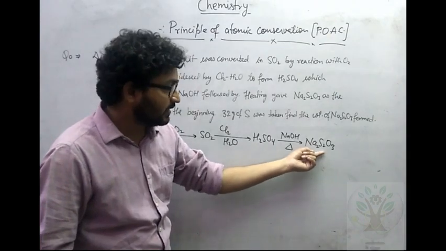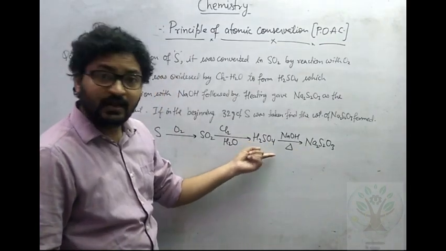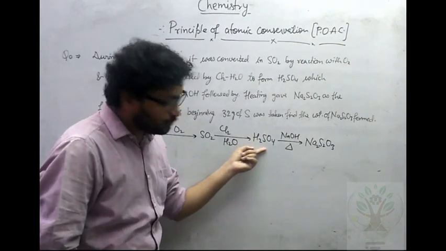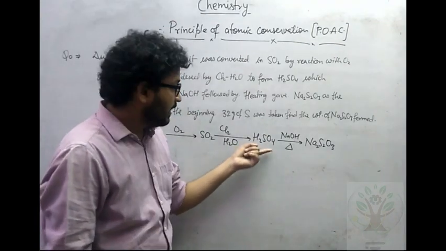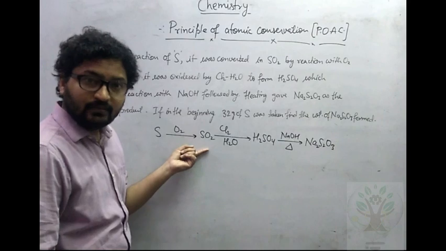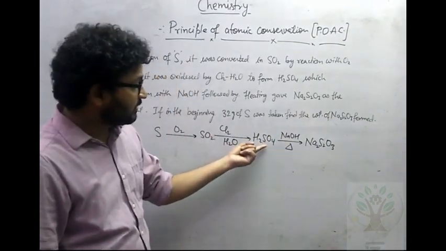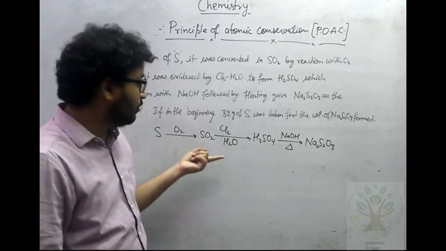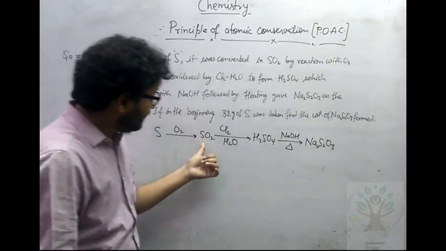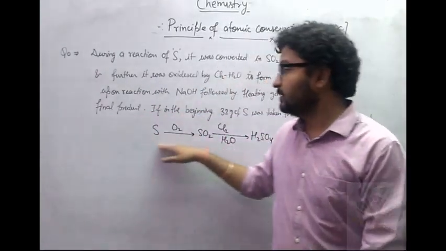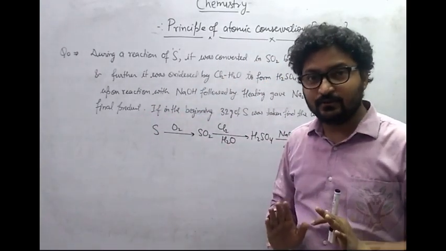Whatever sulfur is present in H2SO4, it is coming from SO2. SO2 is converting into H2SO4, so whatever sulfur you have got here is the very same sulfur you got in SO2. And whatever sulfur you got in SO2 is coming from sulfur. Is this thing clear to us?